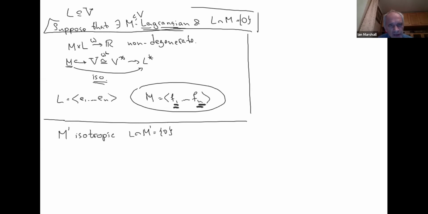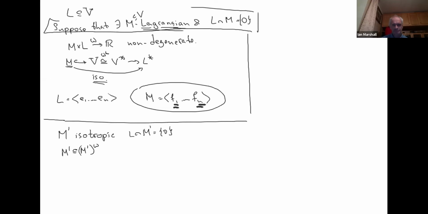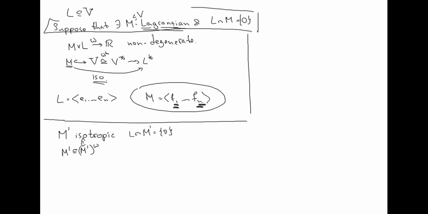Simeon, can you remind us what isotropic is? So is it M in M omega, or omega M? Contained in M prime omega orthogonal. Okay. And one extra condition. So this is my set.